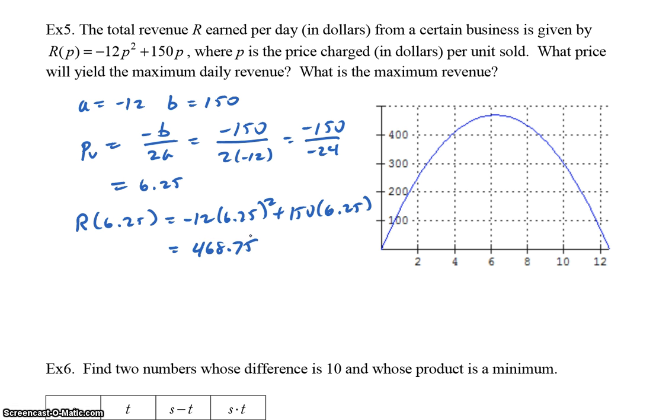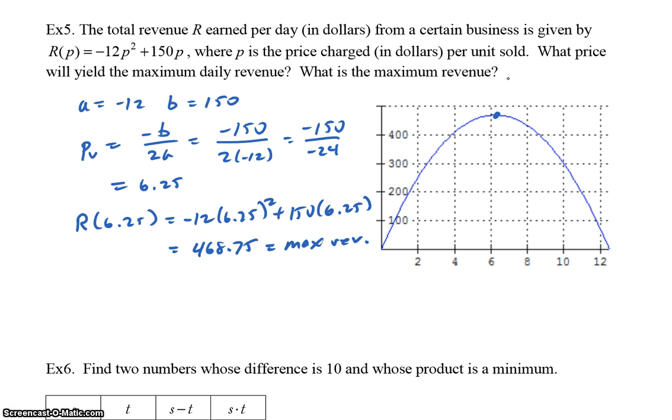So this would represent our maximum revenue, where the price per unit would be $6.25. The maximum revenue would be $468.75. Now I want you to notice on the parabola, what we have simply found are the coordinates of the vertex, the highest point on the parabola.